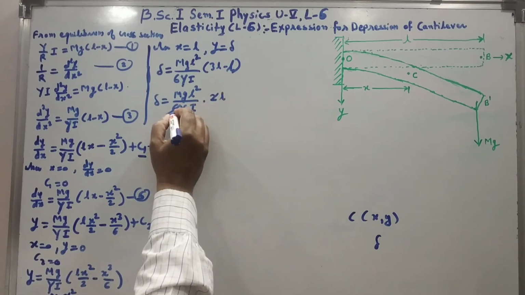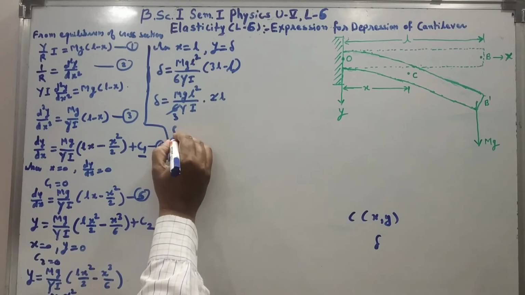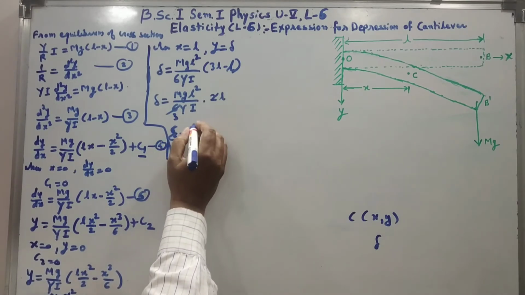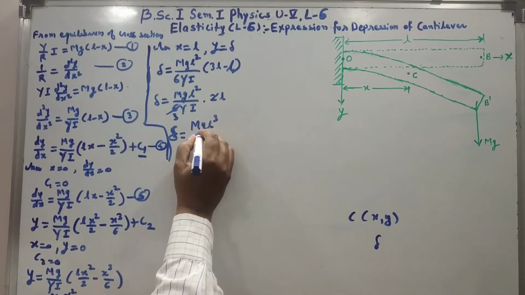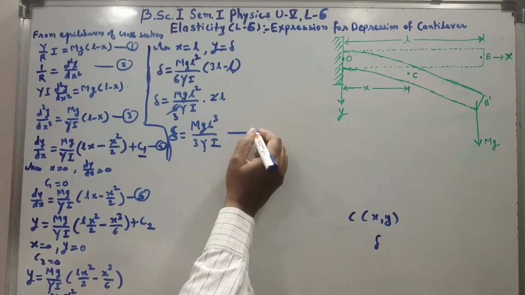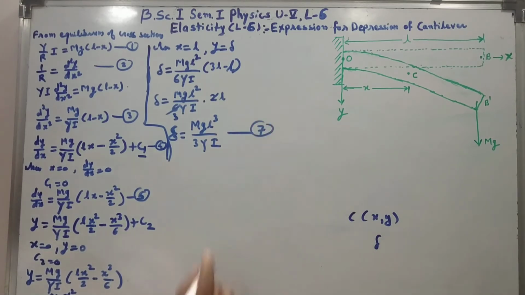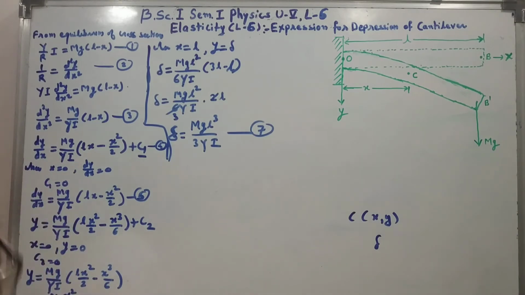So we get delta equal to mg L cube upon 3YI. This is equation number 7.